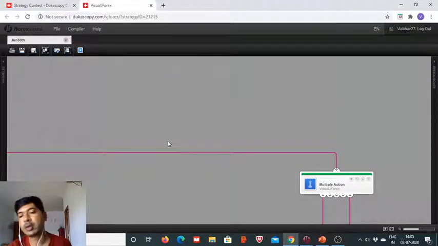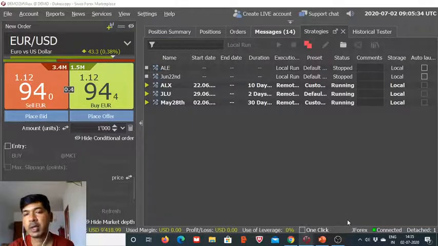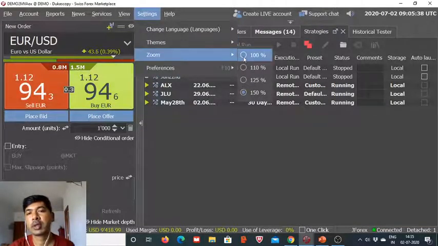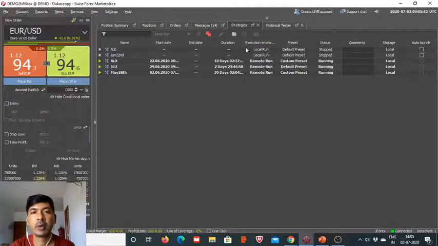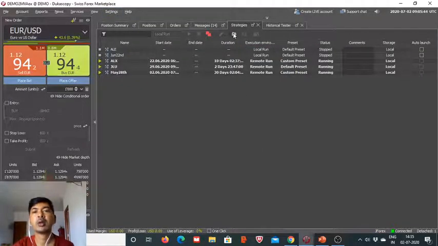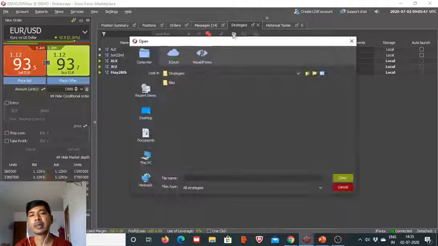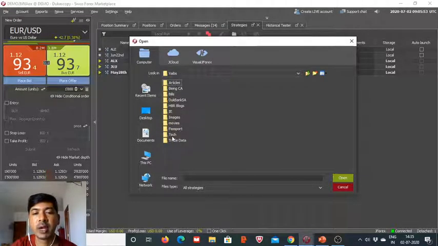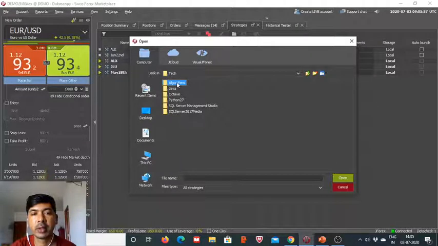We save this and we head back to the Visual J Forex, and we have to import that file here, and then we carry out the testing.